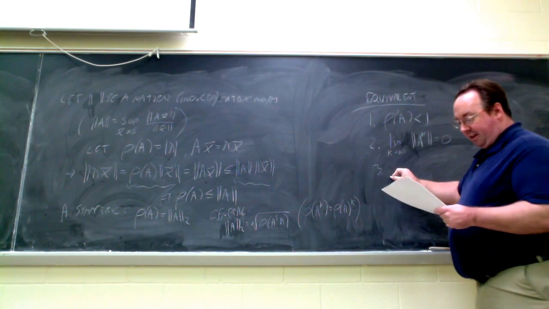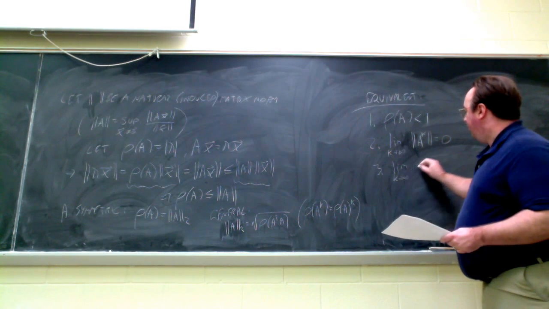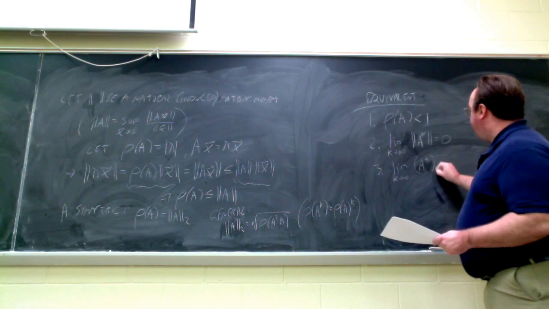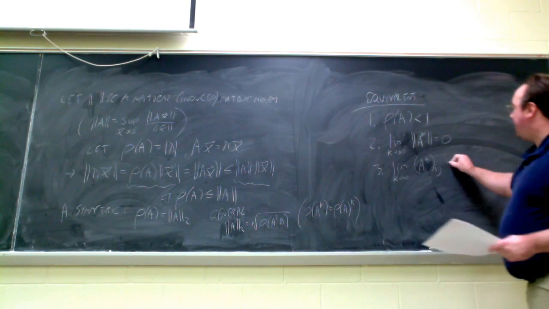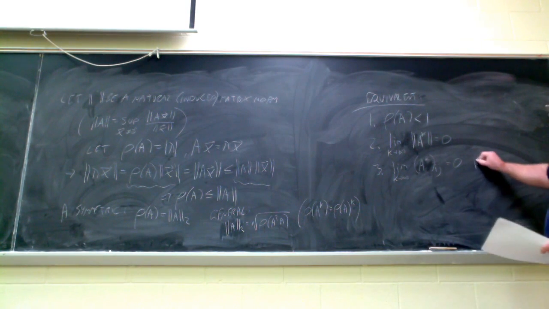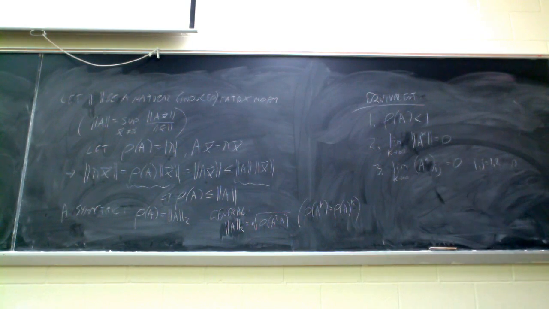Also, we can say that as K goes to infinity, the ij entry of A to the K is 0. So any individual entry is also going to 0. This is true for all ij from 1 to n.